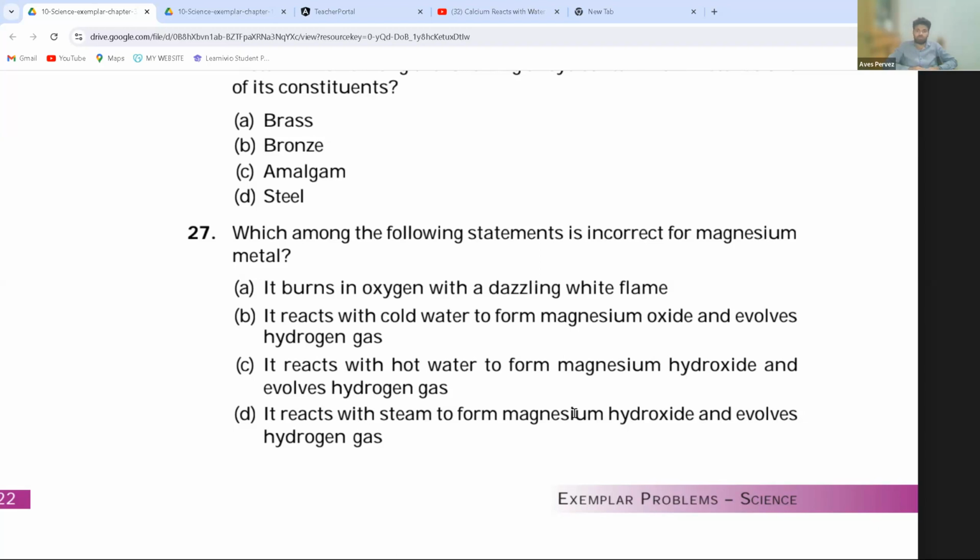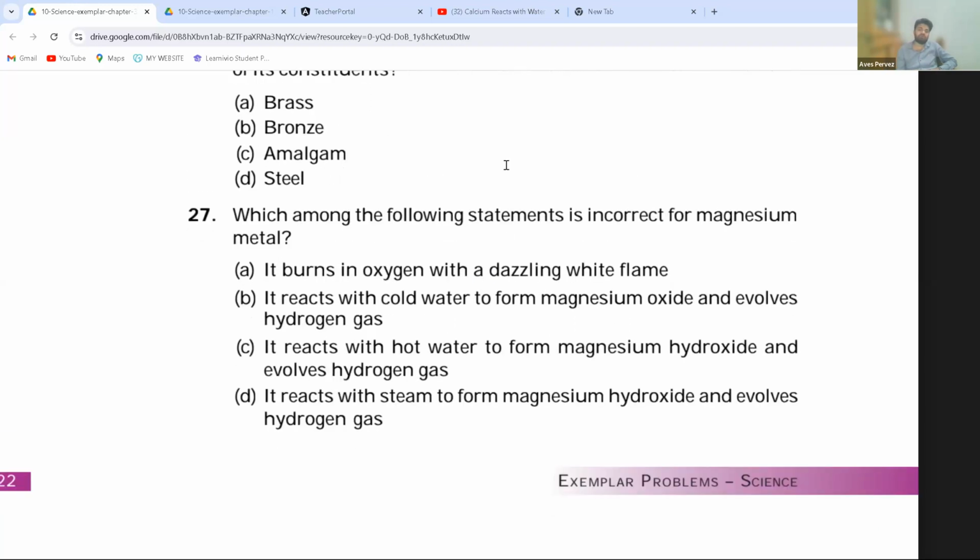Option B is incorrect. Does magnesium react with cold water? No, magnesium reacts with hot water. So option B is incorrect. Okay.